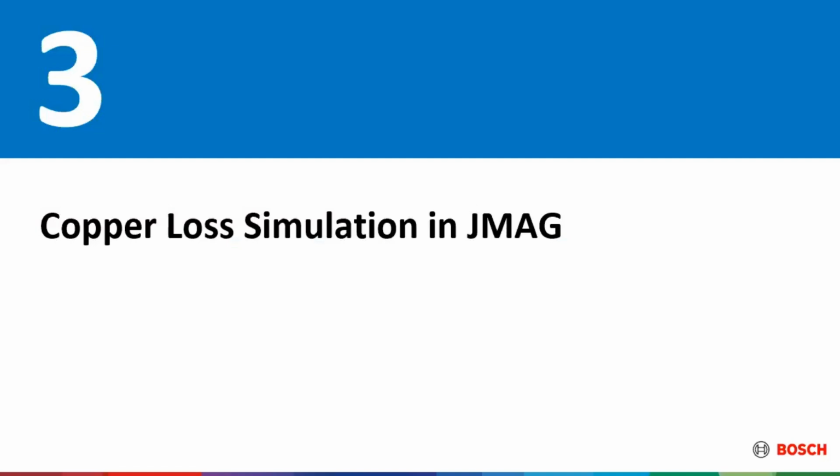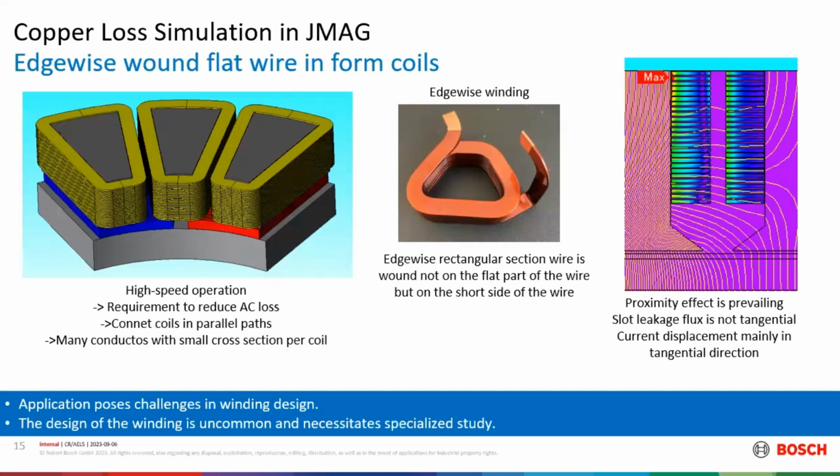Okay, now let me dive into the copper loss simulation. Due to the high-speed features, we expect very big AC copper losses, and a method to mitigate these AC copper losses is to connect all the coils in parallel paths if possible.